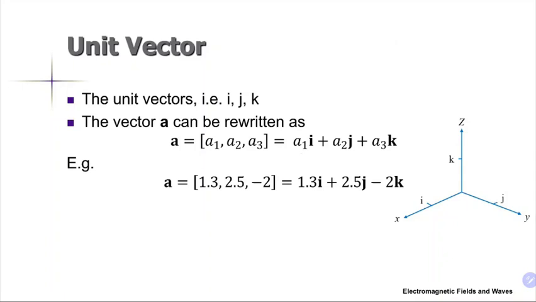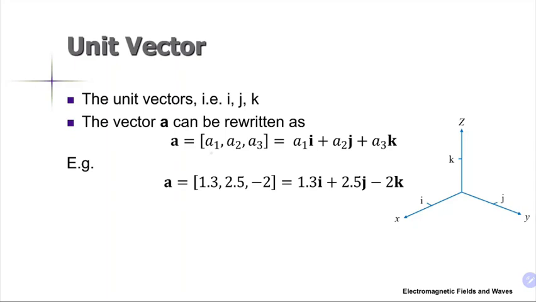So A1 has a magnitude, so times 1 is still going to give me A1. So if I have 1.3 times a unit vector which has a magnitude of 1, the whole thing is still going to give me a magnitude of 1.3. So anything times the unit vector will be itself, because the unit vector has a magnitude of 1.